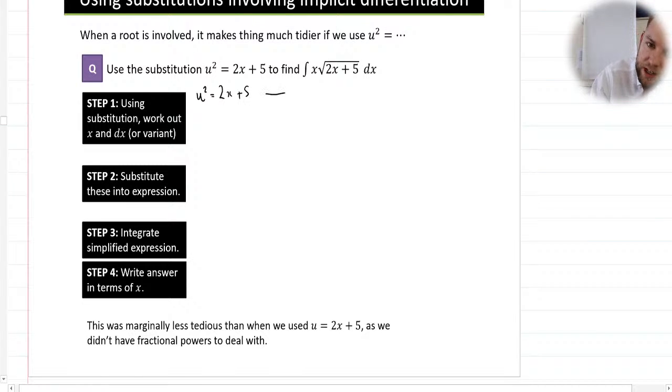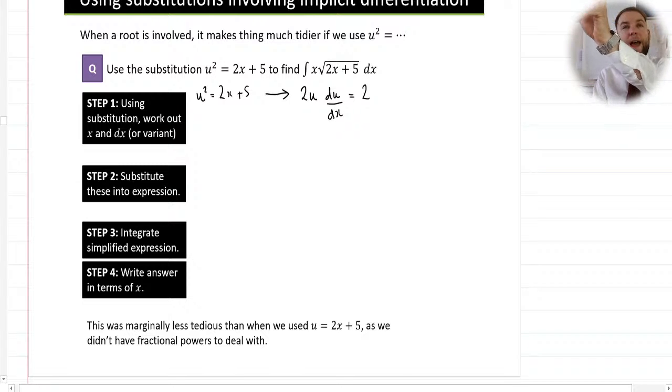So this differentiates to, now if I'm using the chain rule on this, we're differentiating with respect to x. So I need to differentiate u in terms of x. So it's very similar to when we're differentiating y squared. And this is going to be 2u, which is bringing the 2 down, but then I need to differentiate inside this, which is going to be du by dx, which is equal to 2.